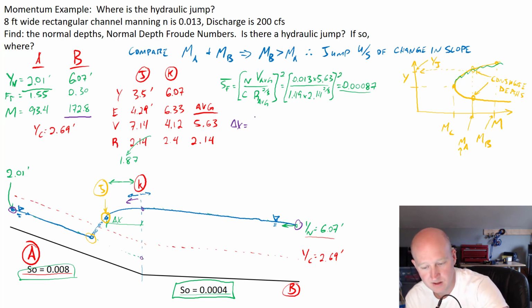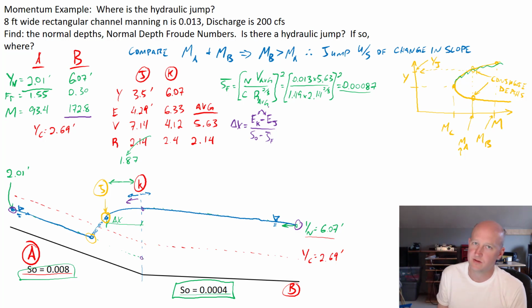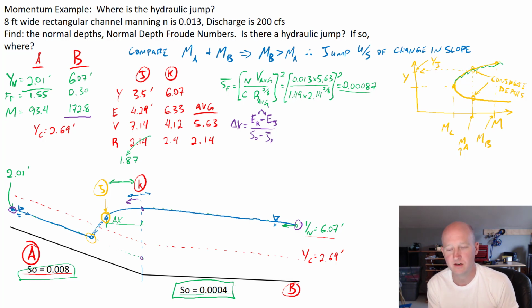So that means we're going to use E sub K minus E sub J divided by S naught minus S F bar. Now if we get these two mixed up, we'll get a negative answer. And if you get a negative answer, then you're probably doing something wrong, or at least you should expect the negative answer if that's what you're going to get. So if you get a negative answer by mistake, you need to go back and make sure that you're doing the delta x calculation correctly.